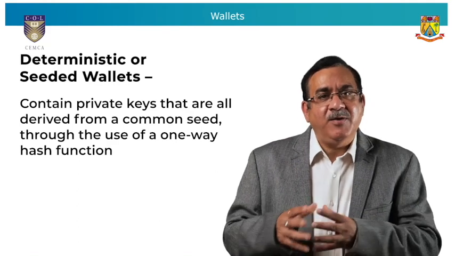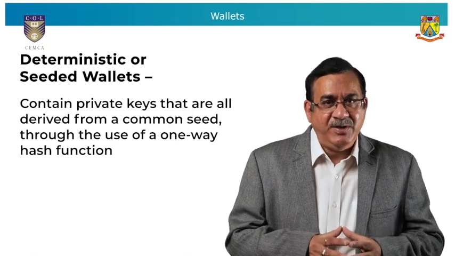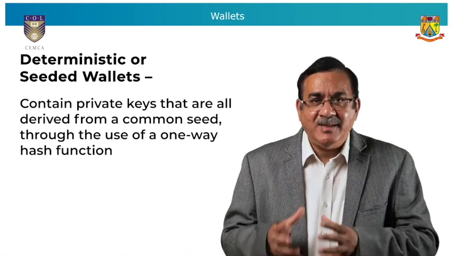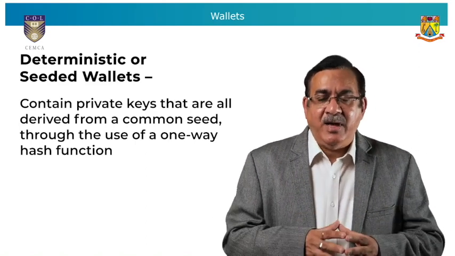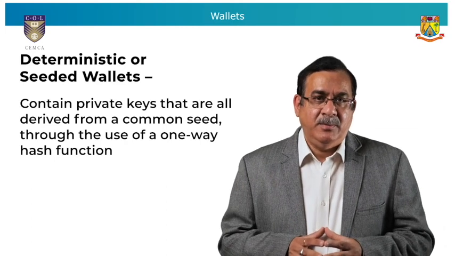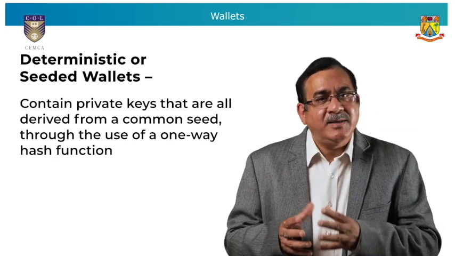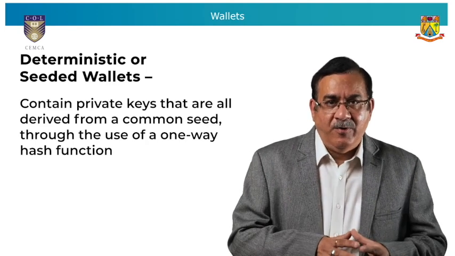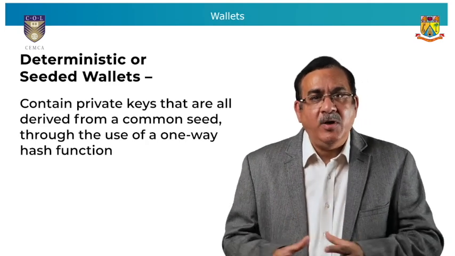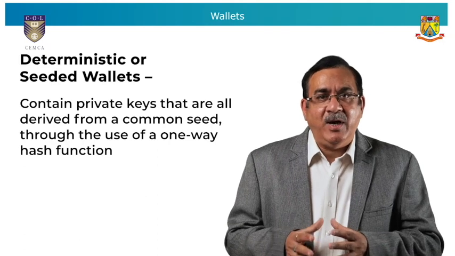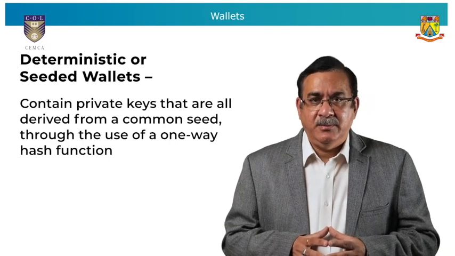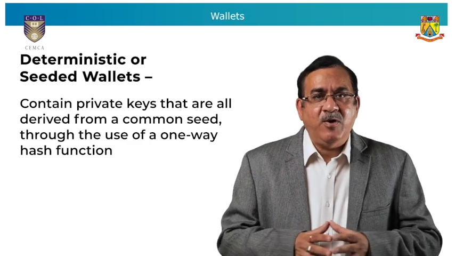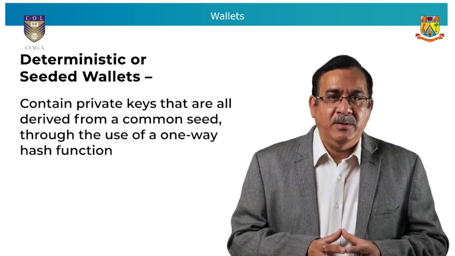In a deterministic wallet, the seed is sufficient to recover all the derived keys and therefore a single backup at creation time is sufficient. The seed is also sufficient for a wallet export or import, allowing for easy migration of all the user keys between different wallet implementations. As we see, the seed is an important aspect of any deterministic wallet.